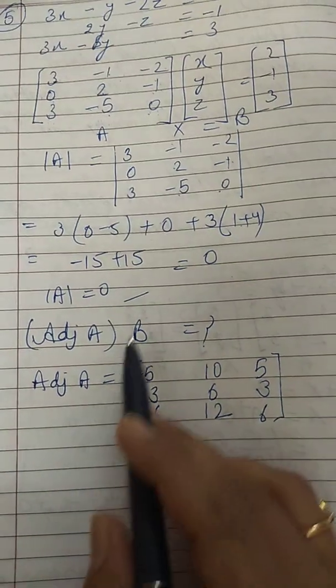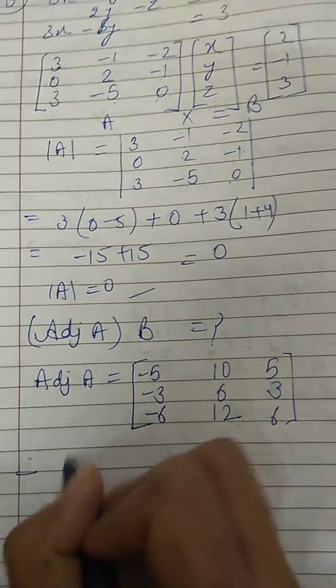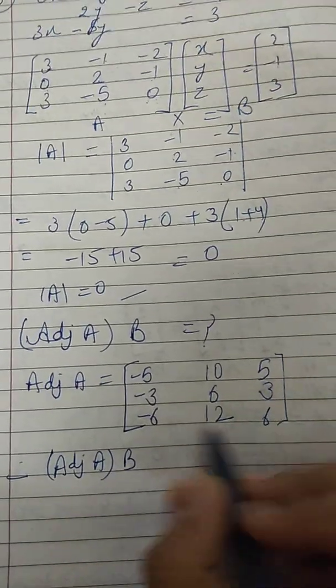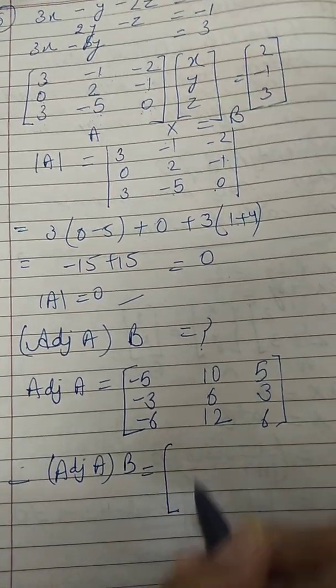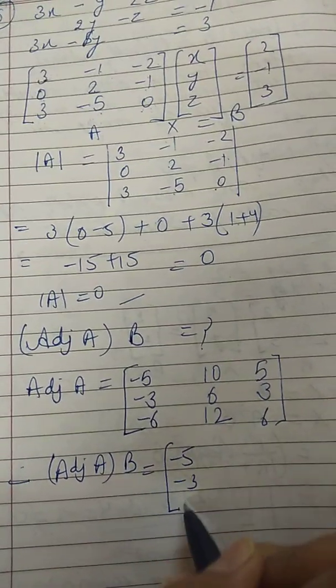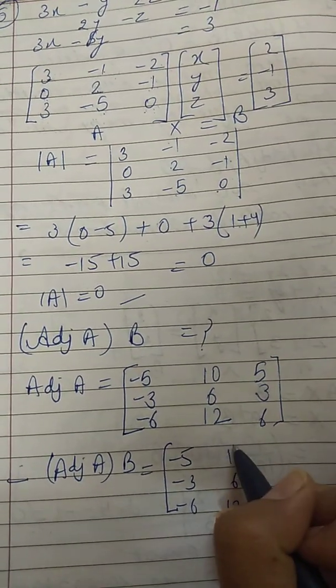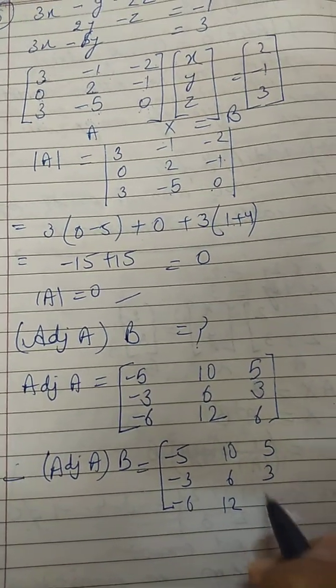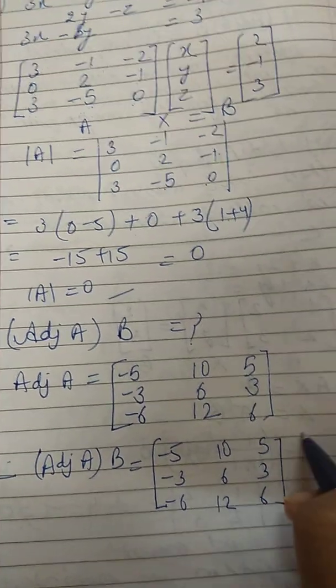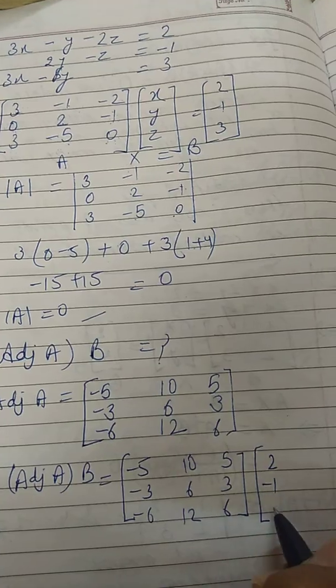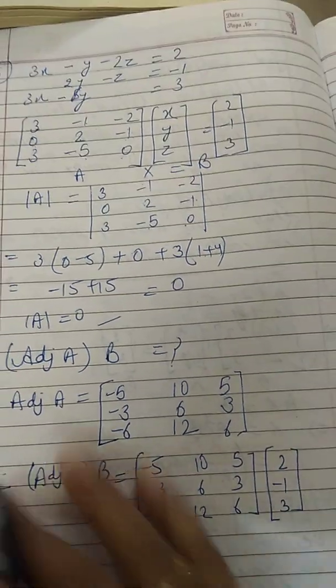Now we will multiply adjoint with B, right. Therefore adjoint A into B, let us see what we are getting. It is minus 5 minus 3 minus 6, 10 6 12, and 5 3 6 into B matrix, that is the constants matrix, 2 minus 1 and 3, right.